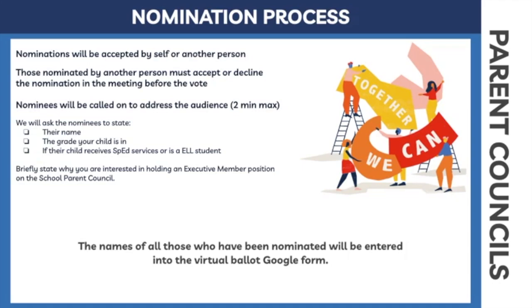Nominees will be called on to address the audience. You have a 2-minute max. Those nominees will be asked to state their name, the grade of their child or children, if the child receives special education services or is an English language learner, and then briefly share why they are interested in holding a position as an executive member on the school site council and the school parent council.